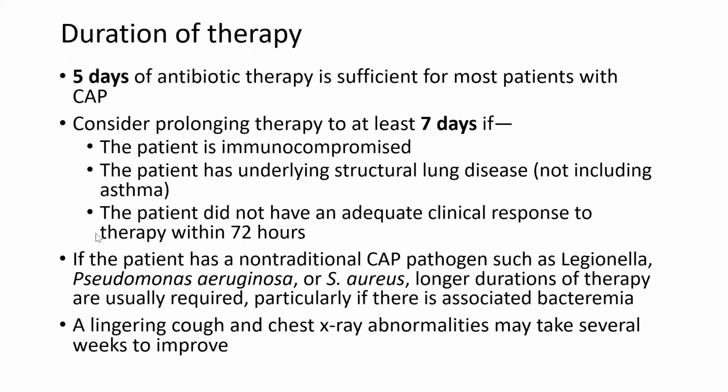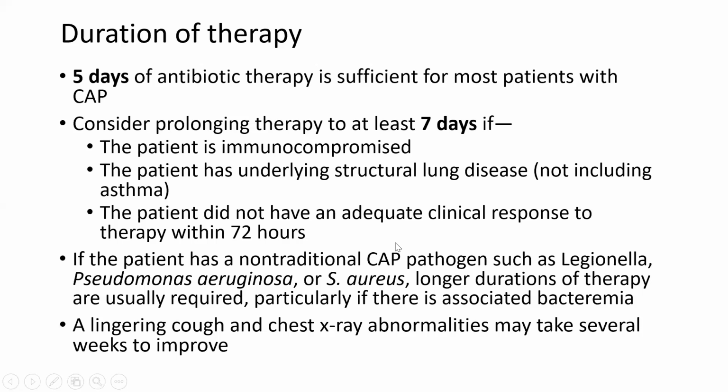Most of the data shows 5 days, except for patients who are immunocompromised, who have an underlying structural lung disease, and those who do not respond, especially in the first 72 hours. For these patients you need to consider longer therapy.